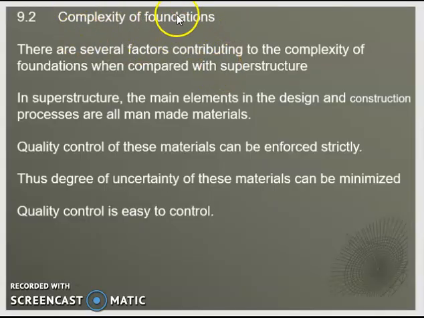Foundations are complex. There are several factors that contribute to the complexity of the foundation when you compare it to, for example, the superstructure of the building. In the superstructure, the main elements like the columns, the beams, and the slabs, in the design and construction processes, are all man-made materials.